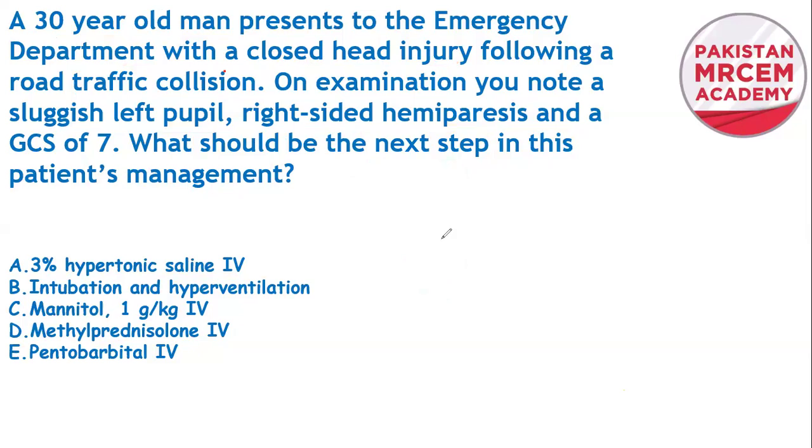Okay, this is a case of RTA. The patient is coming with head injury. So this option is also right. This is also right. This is also right. We have to choose the best one. Initially, you have to follow the ABCD, right? In A, you have secured the airway, intubate the patient and hyperventilate.